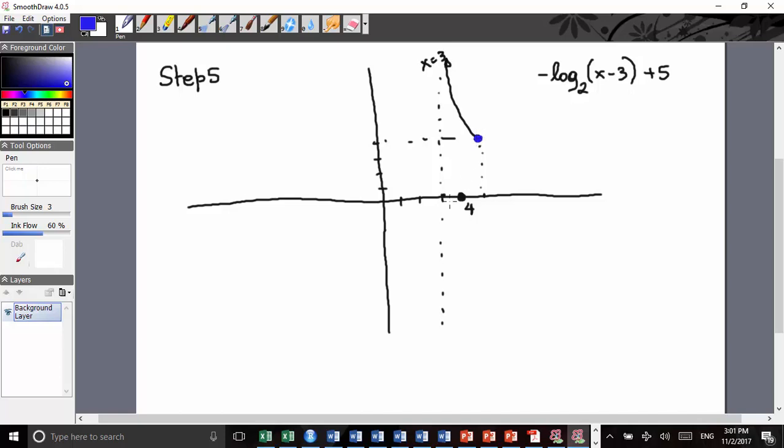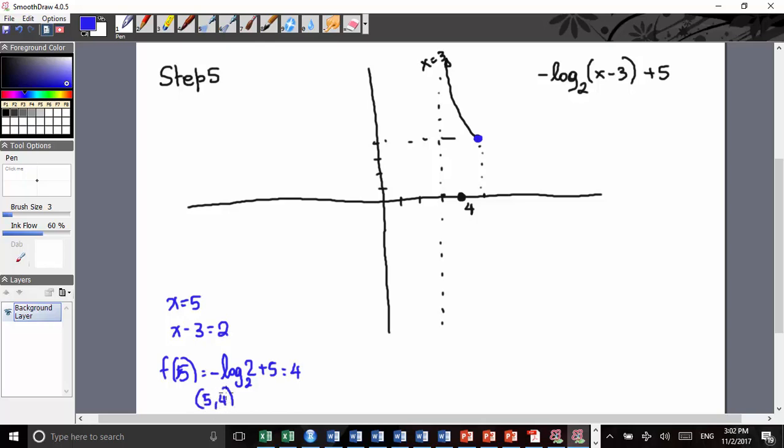Also, I found a point, as I said before: when x is equal to 5, then x minus 3 is equal to 2. So f of 5 is equal to negative log with base 2 of 2 plus 5, that is equal to 4. So I get the point (5, 4).